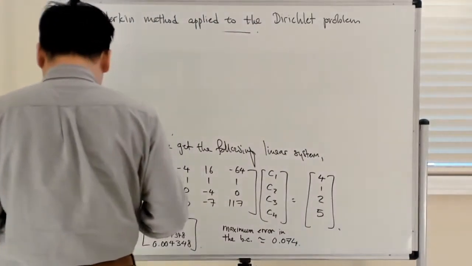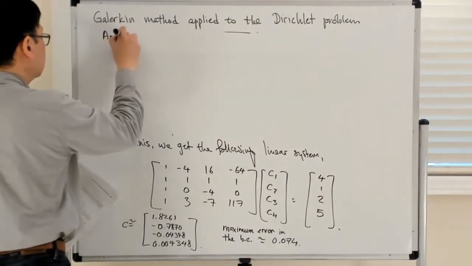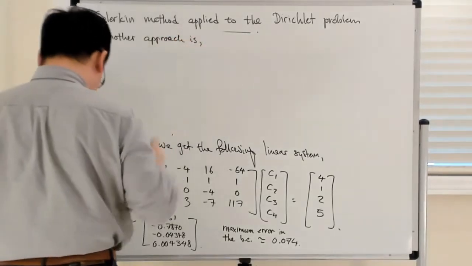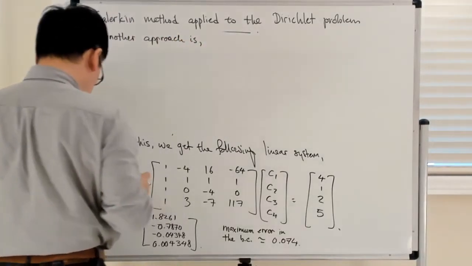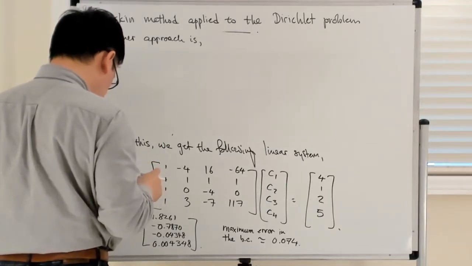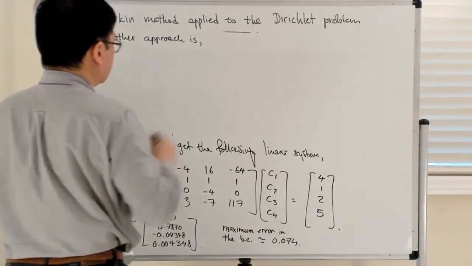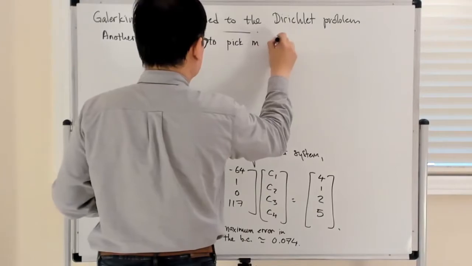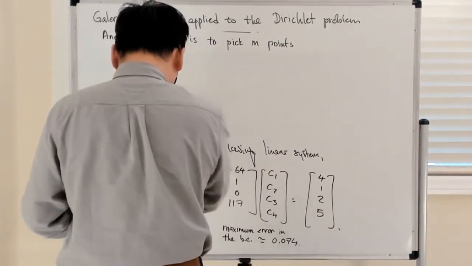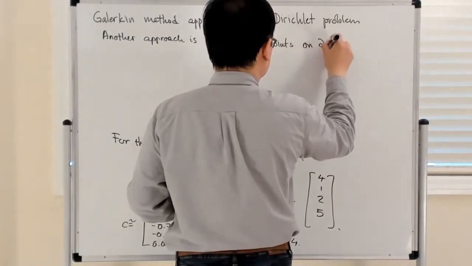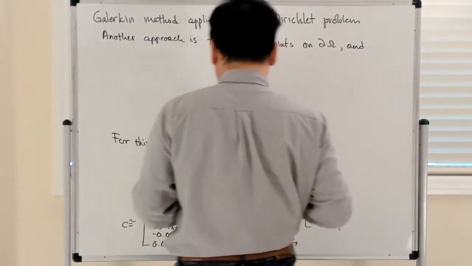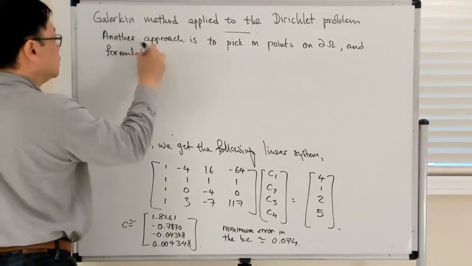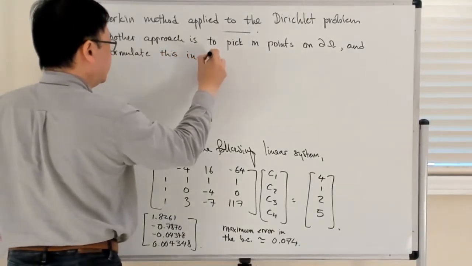Another approach is to pick m points on the boundary and formulate this in a least squares fashion.